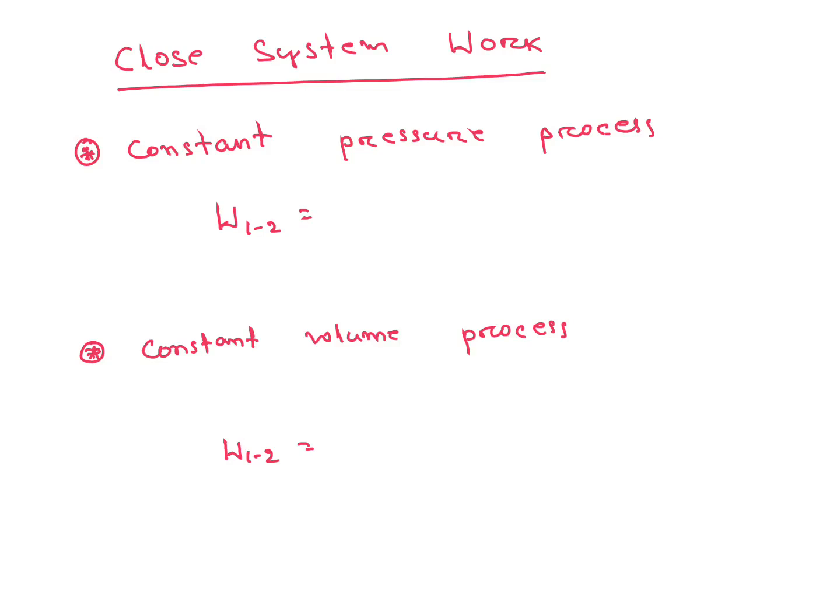First, for constant pressure process or isobaric process, W12 equal to, just the formula I am writing, P into V2 minus V1, or since PV equal to MRT, I can write MR(T2 minus T1).